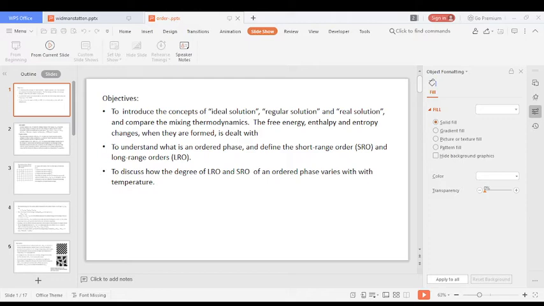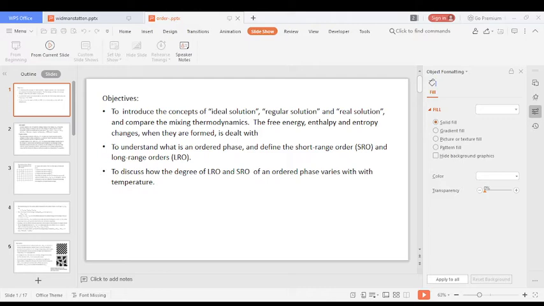The actual atomic arrangement for a real solution, as depicted in the figure, will be a compromise that gives the lowest internal energy, that is the lowest value of the magnitude of delta H mixing, consistent with sufficiently high entropy, delta S mixing, so as to achieve a minimum of delta G mixing.